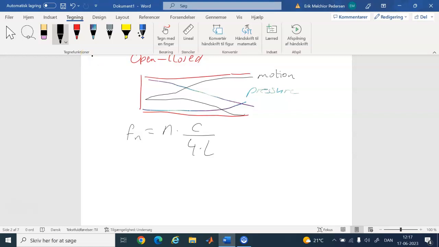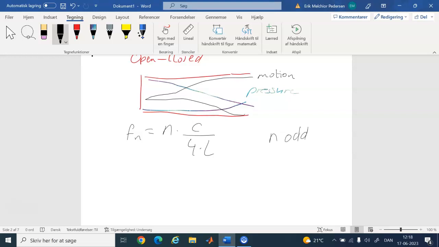So for open closed, n should be odd, and for the open, n is all whole numbers.